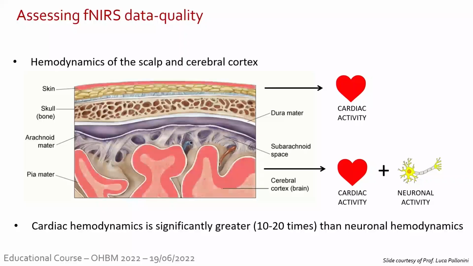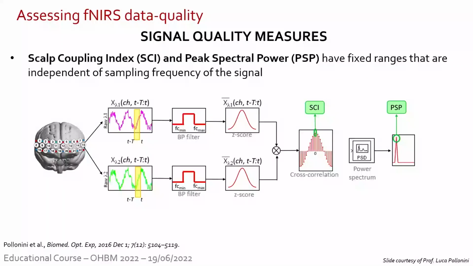The thing is that the cardiac activity is way bigger than the neuronal activity. So if an optode loses contact with the skin, then the neuronal activity will decrease, but also the cardiac activity will decrease. So we're using the cardiac activity as an indicator of whether you're getting a meaningful NIRS signal from the cerebral cortex or not.